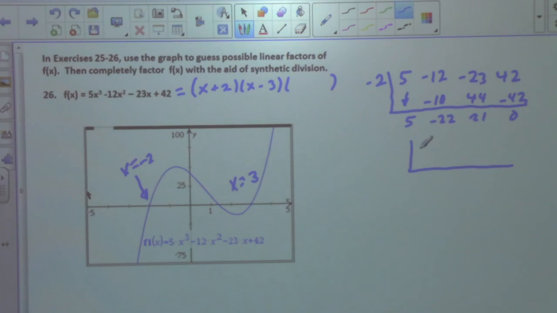I put 3 on the outside, 5, -22, 21, brought down the 5, 15, -7, -21, 0.